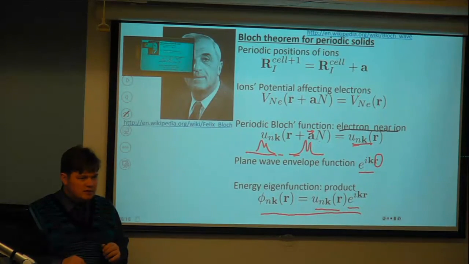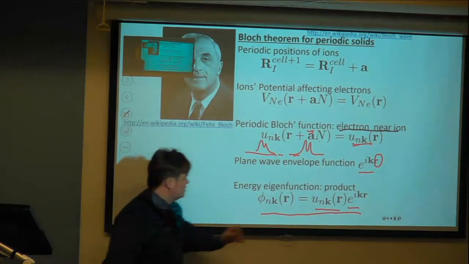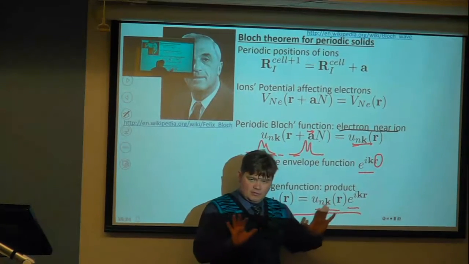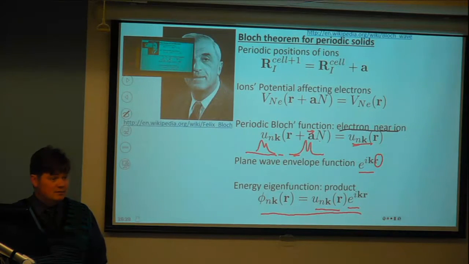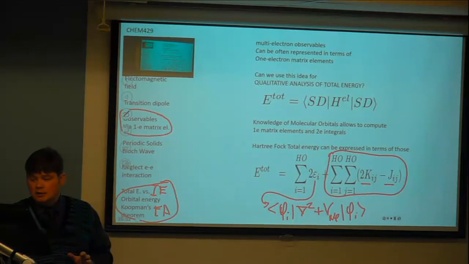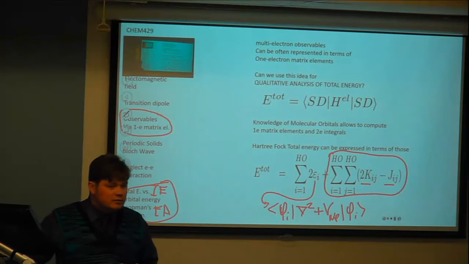We are just starting with VASP software, but you have already seen that there is a specific file, KPOINTS. So K points is this K, the overall momentum of the electronic wave function.